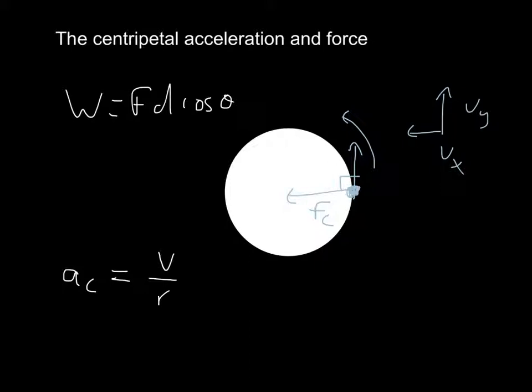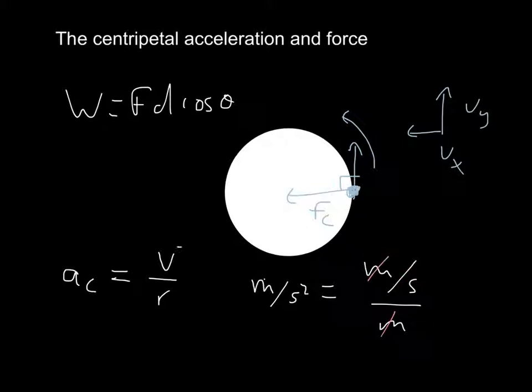I'm going to check my units, as I did the other day. I need to get meters per second squared, and the speed has meters per second, and the radius has meters. See, I have a problem because meters and meters are going to cancel out, and I'm going to have something divided by second. So I'm missing 1 meter and 1 second. But that's good, because it's easy to add them.